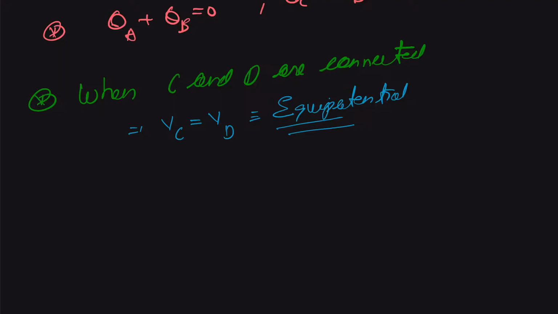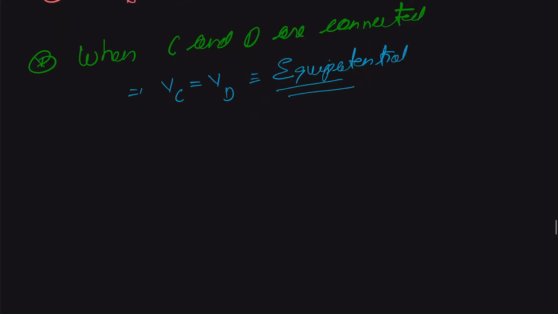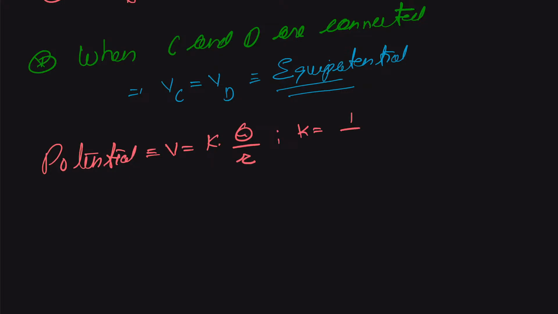the summation will still be equal to 0. And we already know our potential equation. In the general equation, we can write that potential V is equal to K Q upon R. This is a general equation, and we know that the value of K is 1 upon 4 pi epsilon naught.